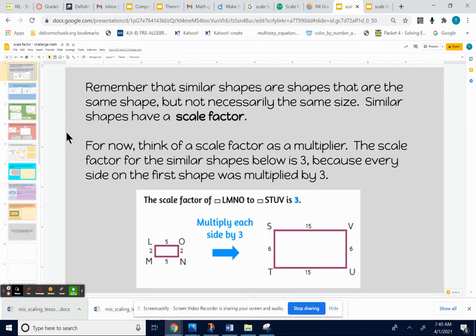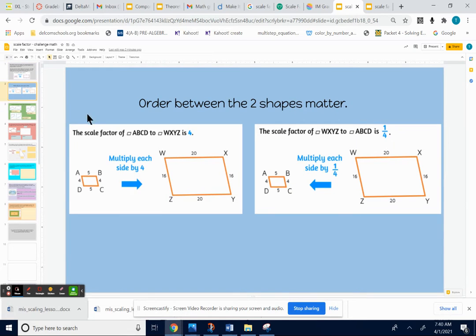It does matter how you talk about scale factor, the order. If I was looking at these two shapes and I was saying the scale factor from parallelogram ABCD to WXYZ, I could say its scale factor is 4, because you continually multiply every side by 4.